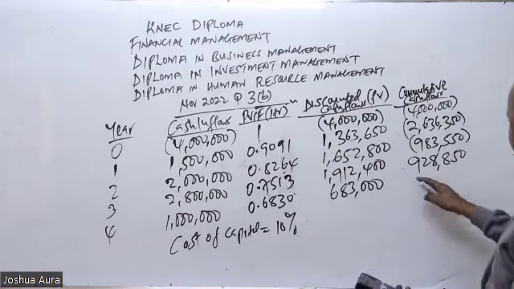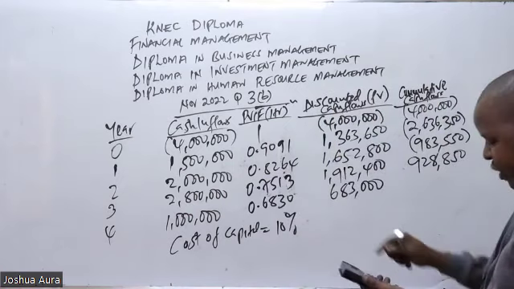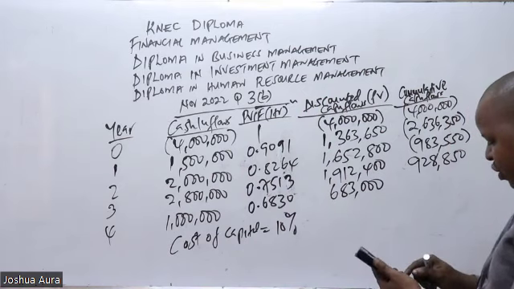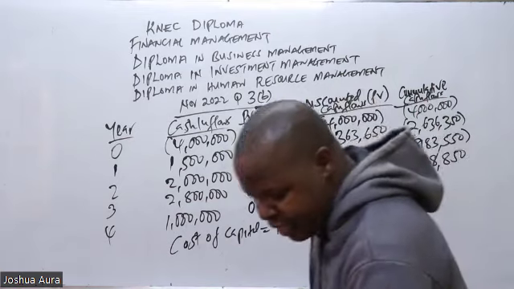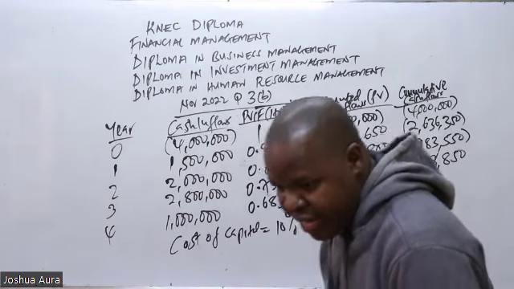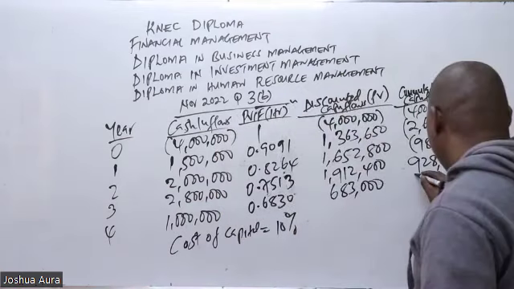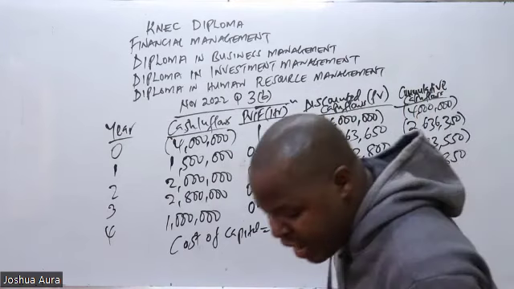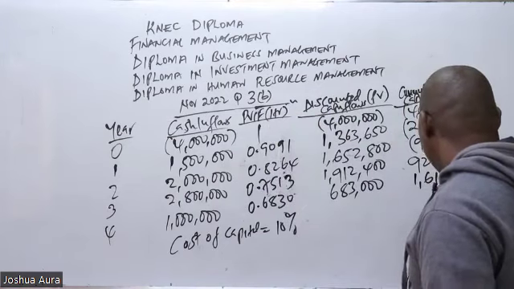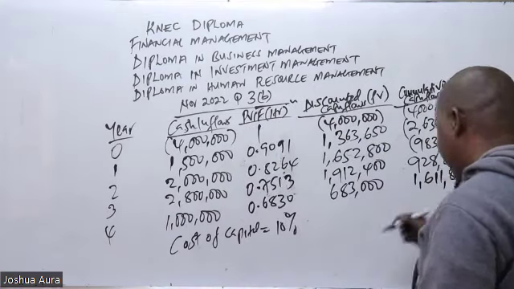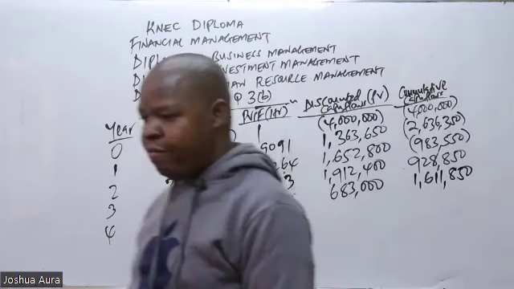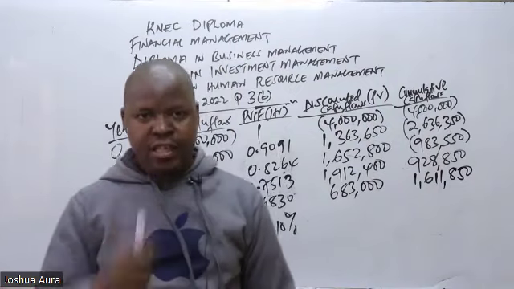It will be 928,850 plus 683,000. So we are getting 1,611,850. Great.